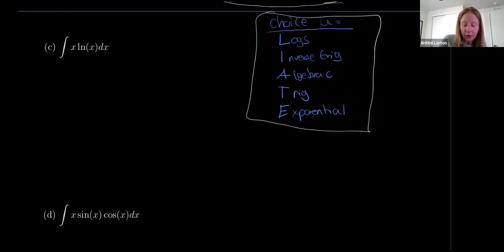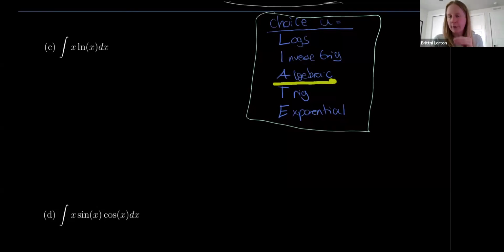If you have a log, that has to be your u. It'll never work the other way around. I can promise you that. If you don't have a log, then you move on to the next one. Do I have an inverse trig? If so, that has to be your u. If I don't, then I move on. Do I have an algebraic, like x or x squared or the square root of x or x plus 5?